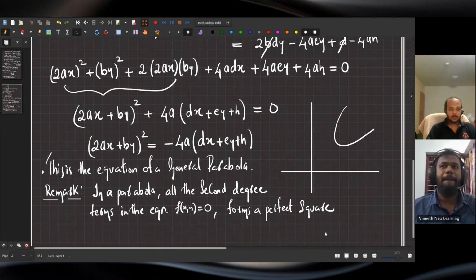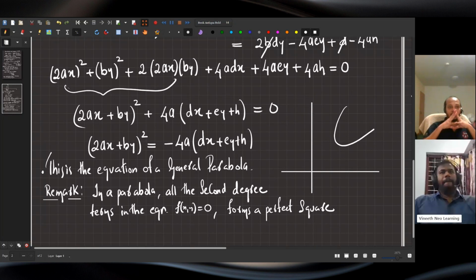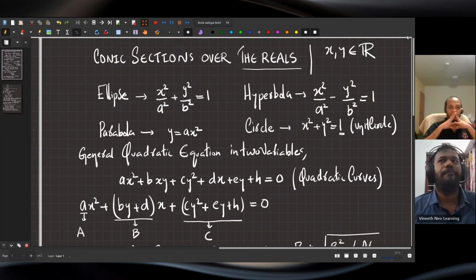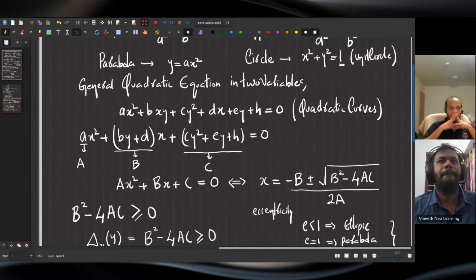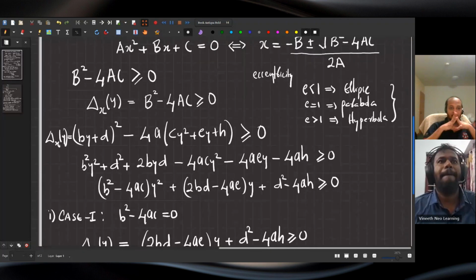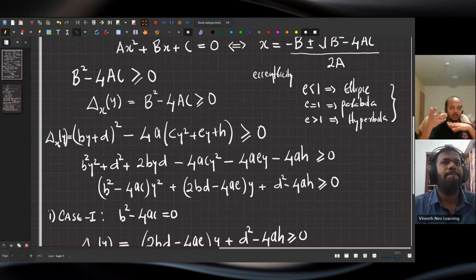Getting it. So what type of conic section is formed will depend upon the discriminant. If b squared minus 4ac is less than 0, you will get another conic; if it is greater than 0, you will get another conic, an ellipse or something like that.